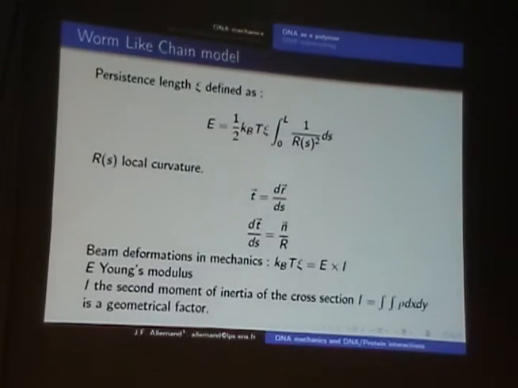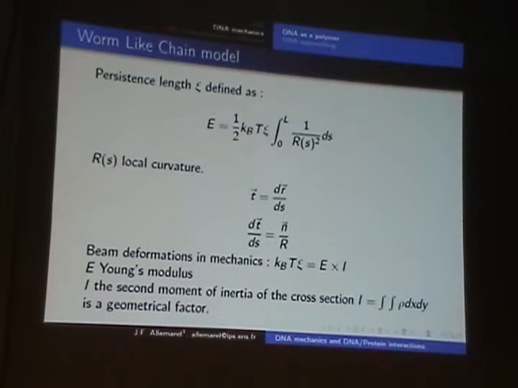But I think that there is another approach that brings some interesting elements. You may use this definition of the distance length. This comes from when you bend a beam of any material, at least for small deformation, you have a deformation that depends on the radius of curvature of your material. So you will have the energy cost to bend the material that is proportional to the integral of the inverse of the radius of curvature.